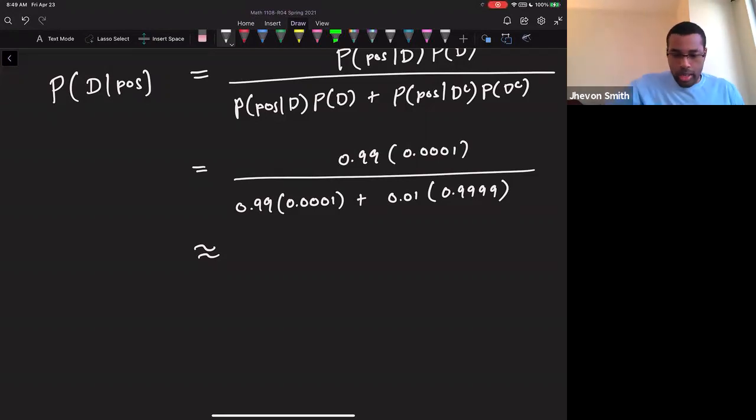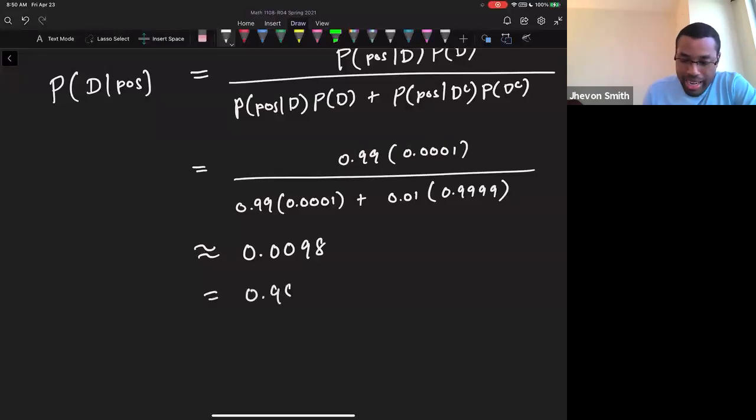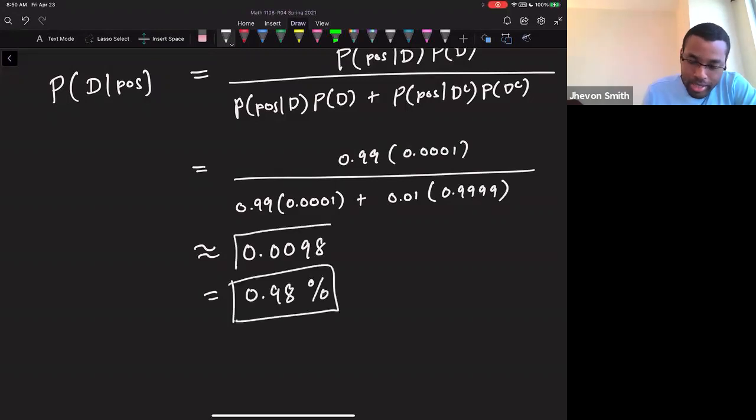Yeah, we got it here. 0.0098, which is like 0.98%. It turns out you have roughly a 1% chance of having this disease under these conditions.